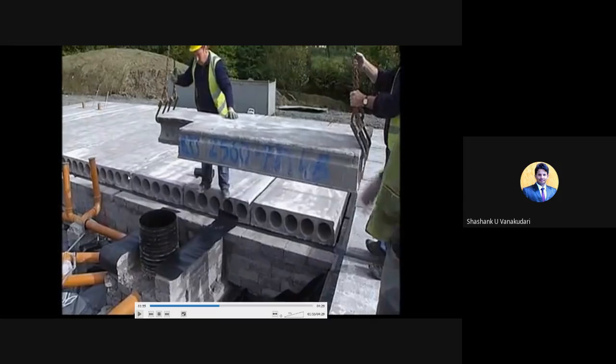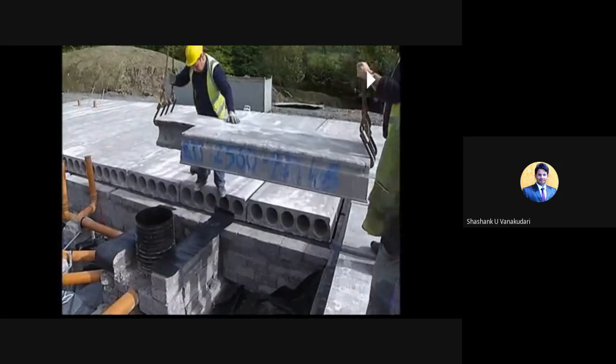You can observe here that all the structural members, the RC planks as well as the joists, will have the same dimensions, with respect to length, thickness and width, right? We'll be having some standard dimensions.